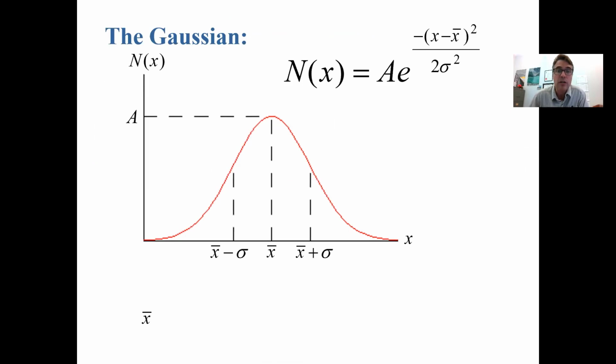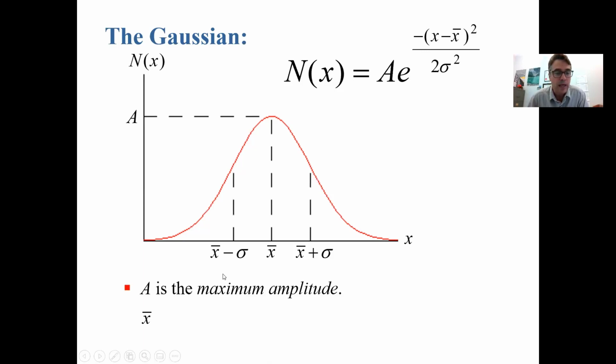This is the equation for the Gaussian. So if you're plotting number of measurements, n versus x, then n of x equals A, where A is the amplitude there, times e to the power of negative (x minus x bar) squared over 2 sigma squared.